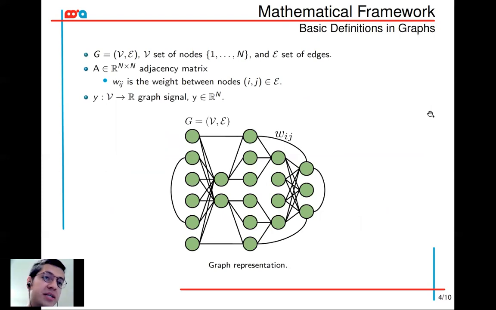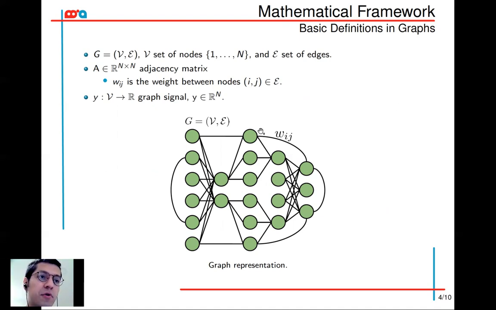Now, some basic definitions in graphs. A graph is a mathematical entity and it's represented with a set of nodes and a set of edges. You can use the adjacency matrix to represent the structure of the graph.